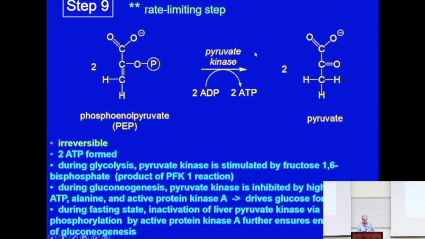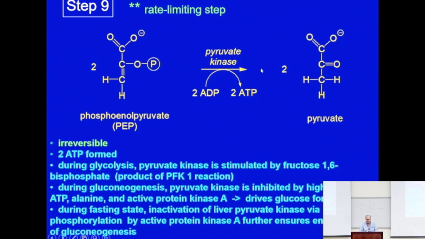Okay? So the enzyme is called pyruvate kinase. Remember, we've talked about the term kinase. Usually the term kinase indicates you either use ATP or produce ATP. In this case, we are producing ATP and producing pyruvate, the final 3-carbon keto acid produced from glycolysis, aerobic glycolysis.